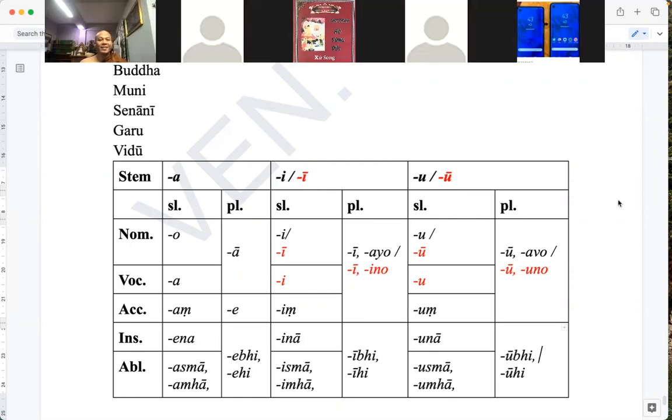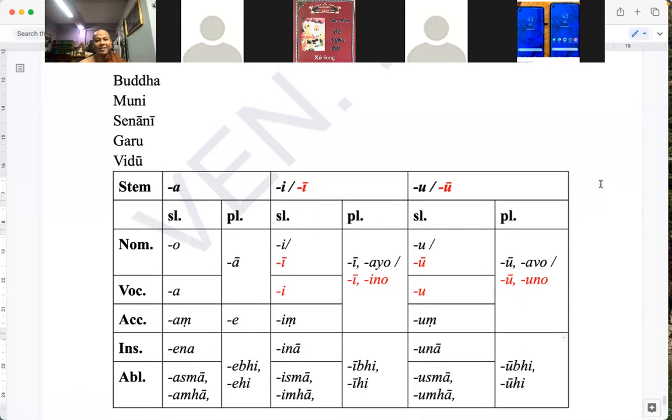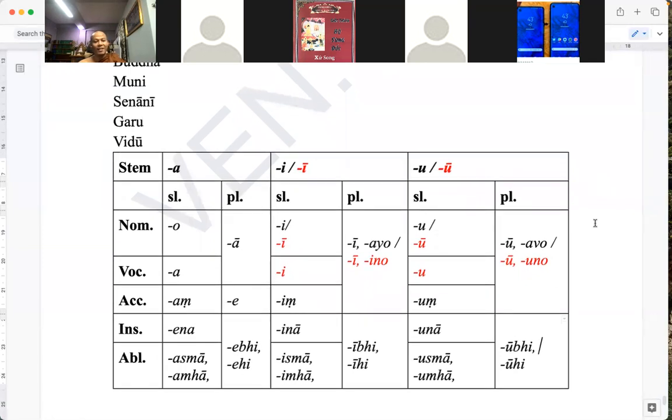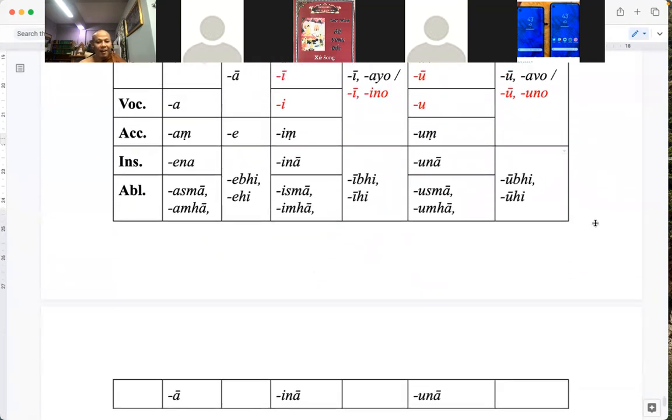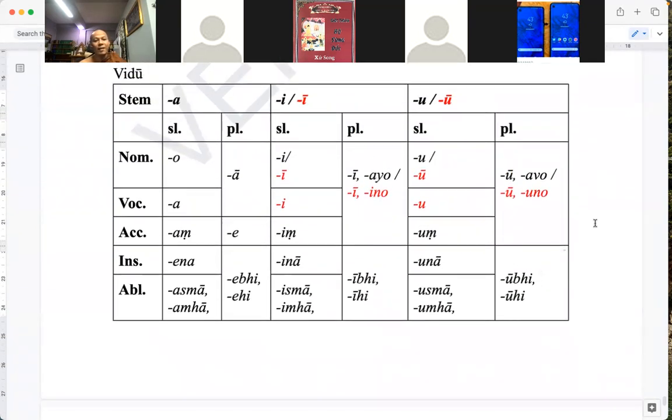Yes. Okay, Bante. Buddho, Buddha, Buddha, Buddha, Buddhang, Buddhe, Buddhena, Buddhehi, Buddhepi, Buddhasma, Buddhamma, Buddha, Buddhehi, Buddhepi.